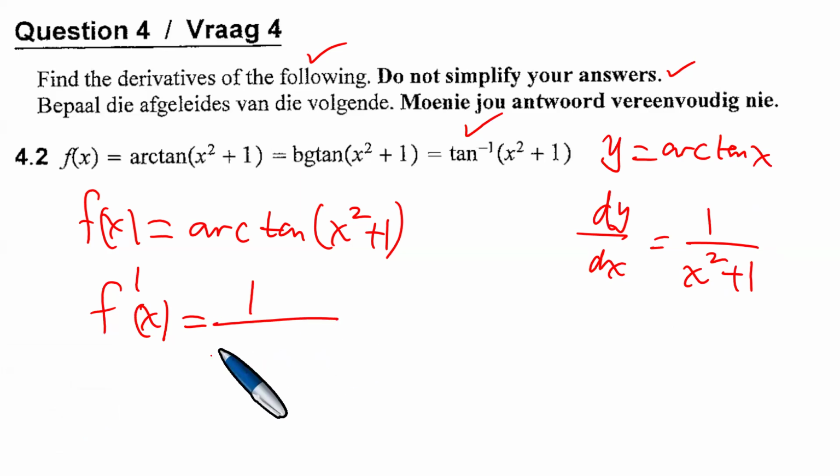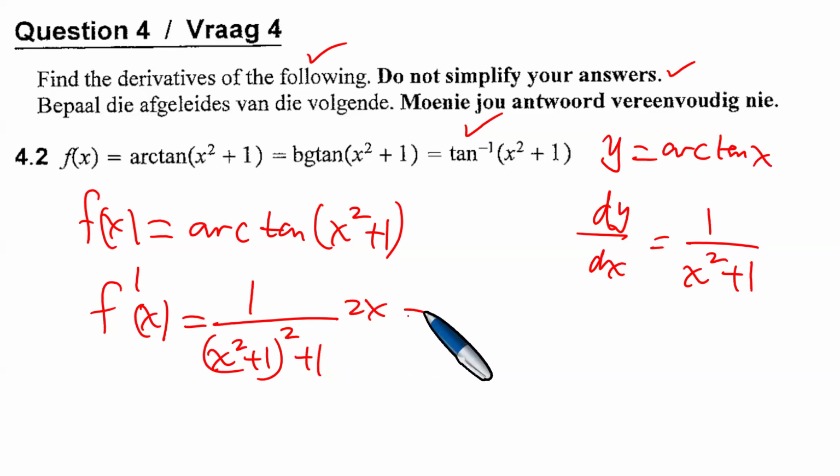Now this is going to be exactly that. And the derivative of the inside by the chain rule becomes 2x. So we get exactly this.